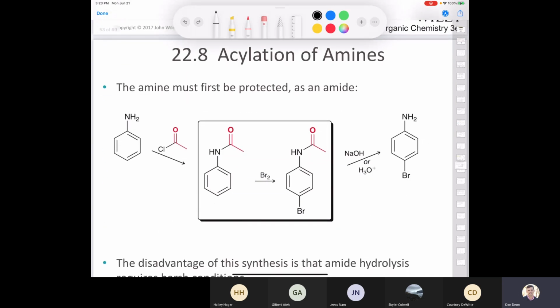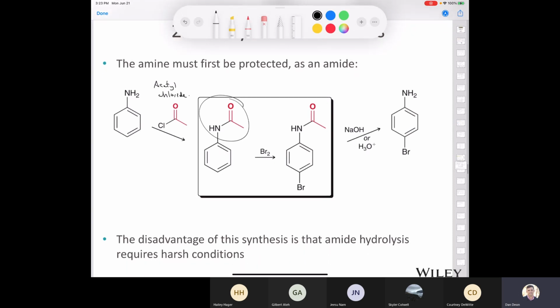If you start with aniline and you treat that with acetyl chloride, okay, so this is just acetyl chloride, however you want to pronounce it, depends on where you're from probably. Anyhow, acetyl chloride, we take that and we make acetyl aniline. Well, once we have that, now you've got an amide on here. Is this a good directing group?